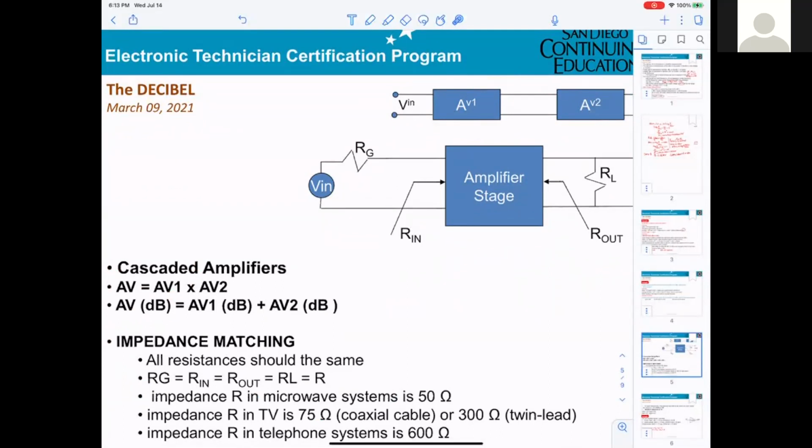If AV1 equals 10 and AV2 equals 10, 10 times 10, you get 100. However, if the gain is in decibel, then you have to add them up. You cannot multiply.